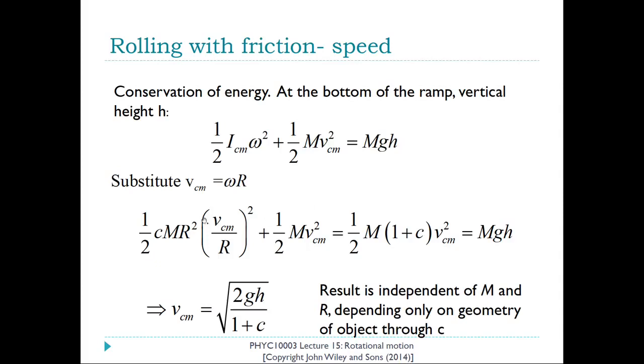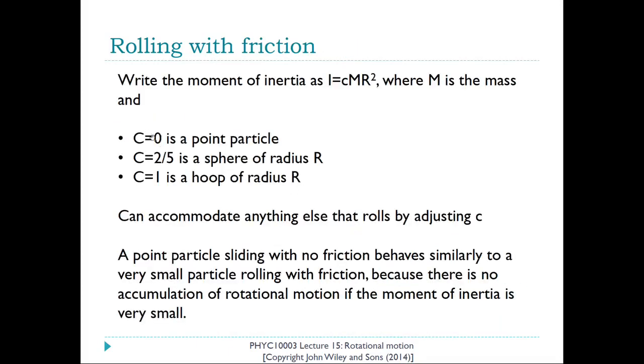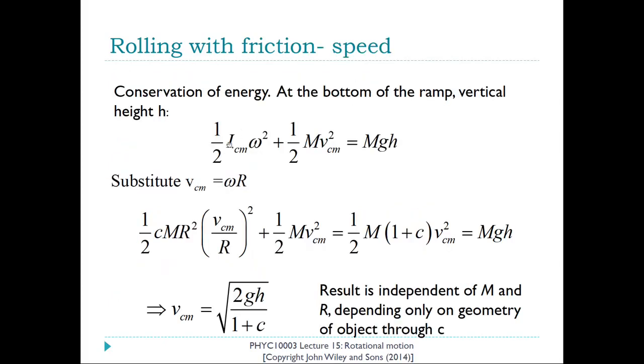So we have our value for the c in here. So I is equal to c, some value depending on the object itself, times mr squared. So here is c mr squared, times 1/2 as before, but now we simply solved for our rotational velocity. So r moves down, and that plugs into the equation here. It's squared as before, plus 1/2 mv squared.